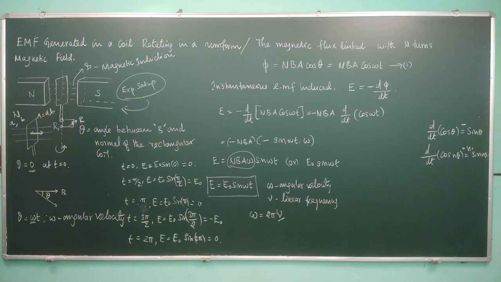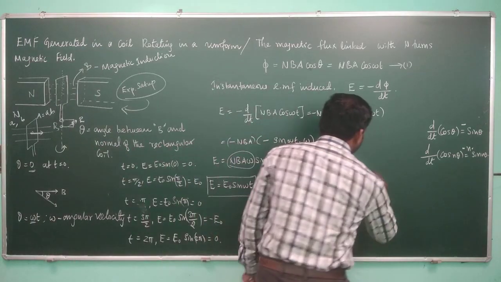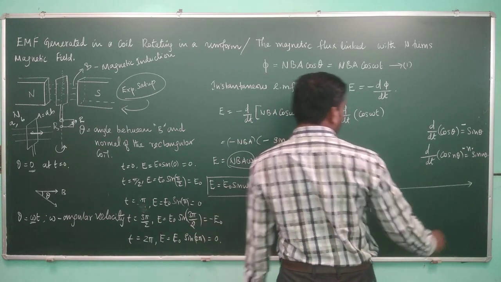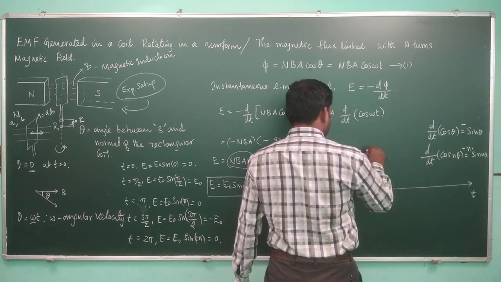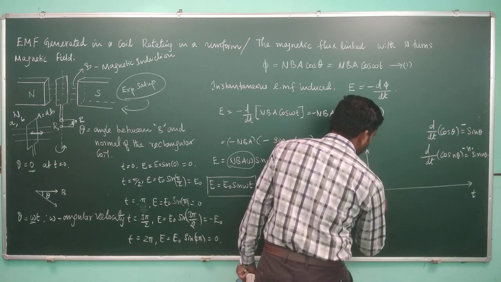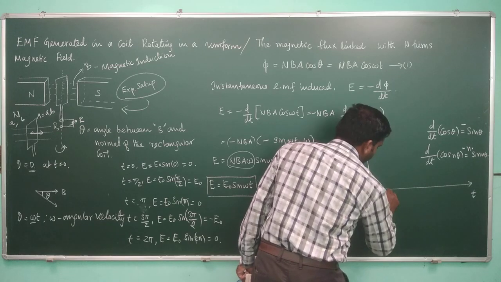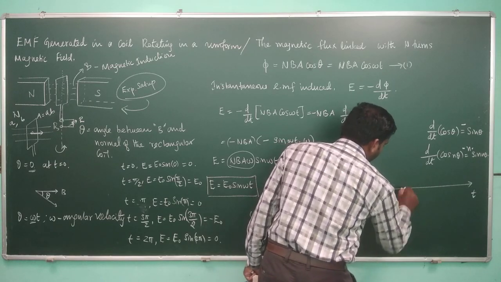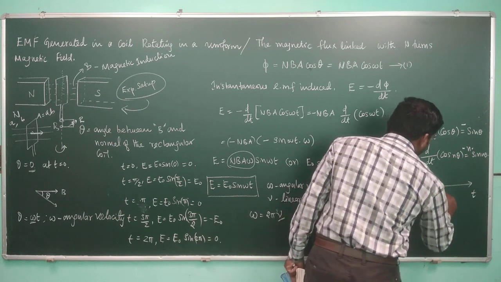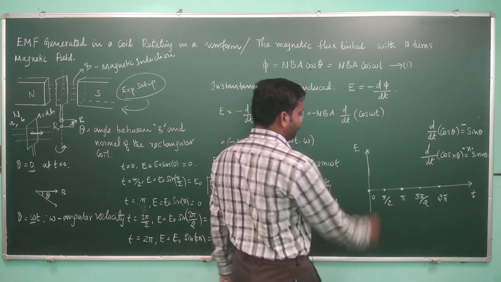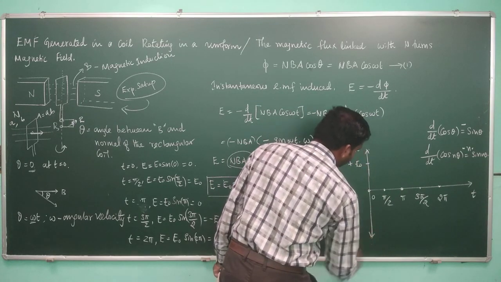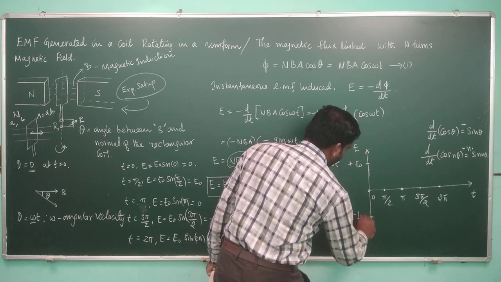Okay. Now if we draw a graph, with t on the x-axis and E on the y-axis, for 0, pi by 2, pi, 3 pi by 2, and 2 pi. Let's say this is plus E naught, at an equal height, and this is minus E naught.